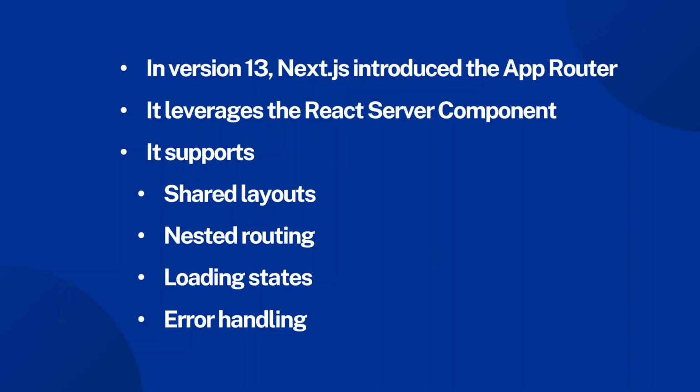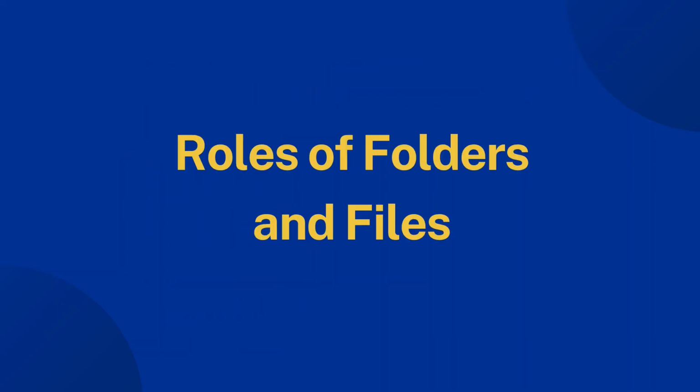In Next.js 14, the app router operates within a new directory named app. Components within the app directory are React Server components by default, offering performance optimization and easy adoption. Next.js utilizes a file system-based router.